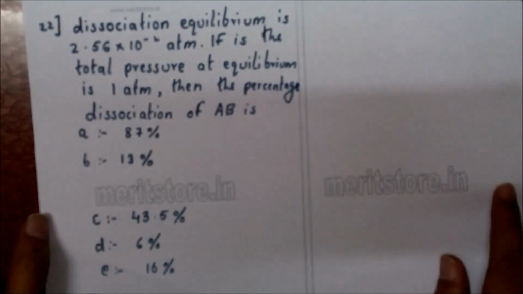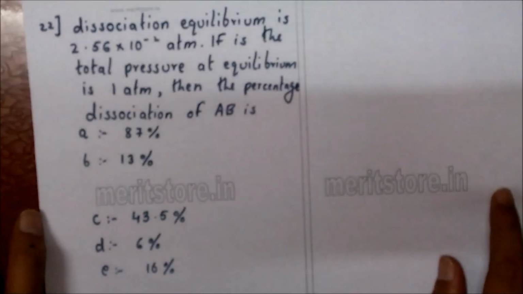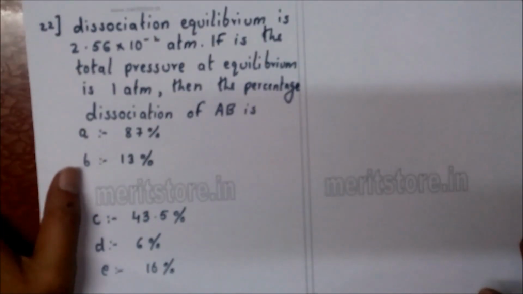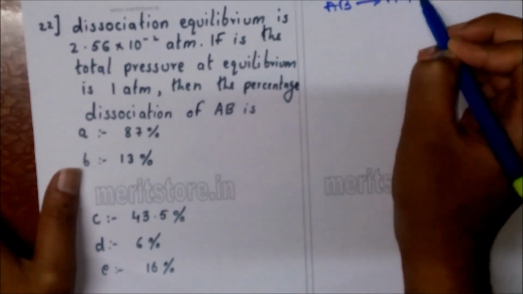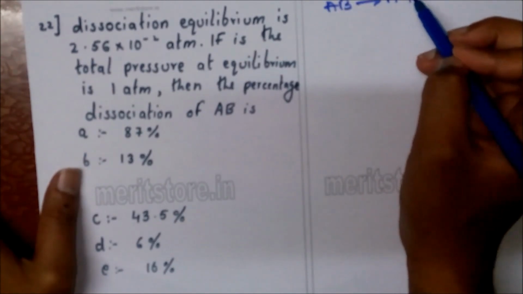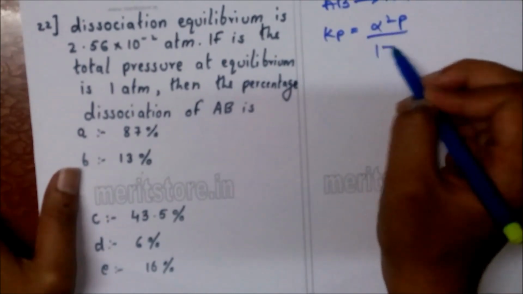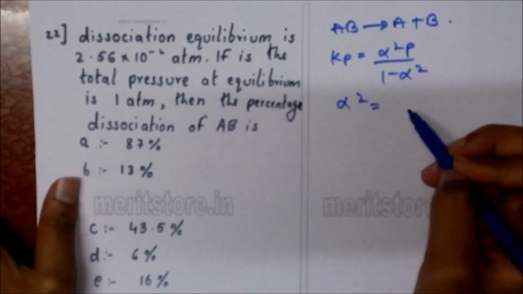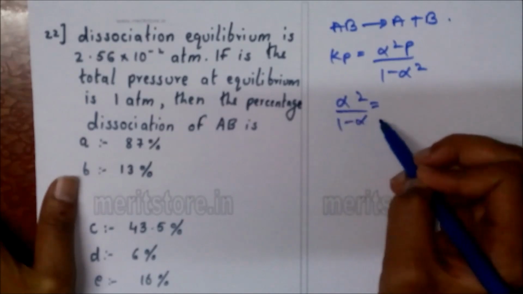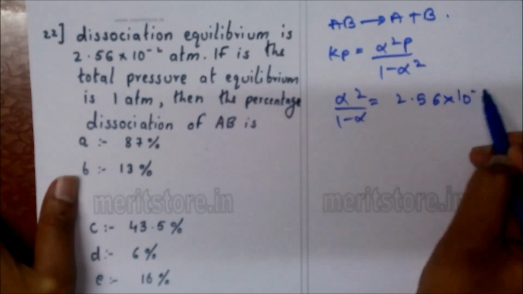Dissociation constant Kp is 2.56 into 10 raised to minus 2 atmosphere. If the total pressure at equilibrium is 1 atmosphere, then percentage of dissociation of AB is? So they are talking about the equation AB will give A plus B. Applying law of mass action, we'll get Kp is equal to alpha square P upon 1 minus alpha square, which is equal to 2.56 into 10 raised to minus 2.